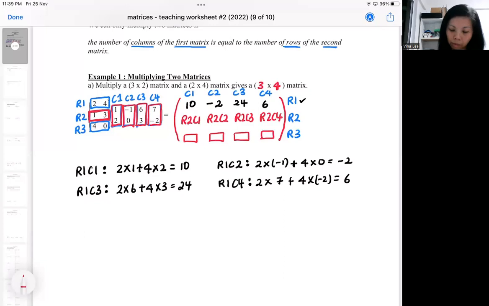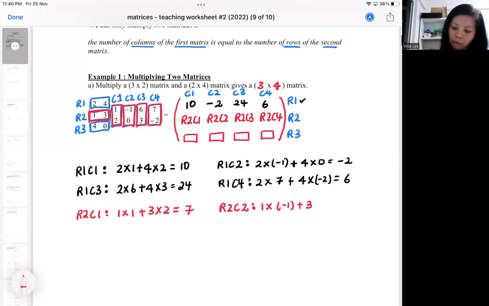Okay, so maybe this row we can make it a little bit faster. So R2C1, first number times first number, second number times second number. I get 7. R2C2, 1 times minus 1, 3 times 0.